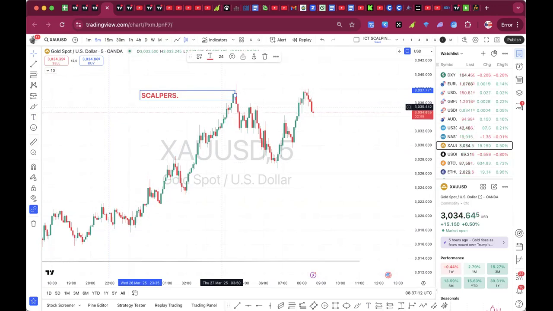you are going to work with this time frame, all right? Scalper, you're going to use the higher time frame M15 to M1, right?